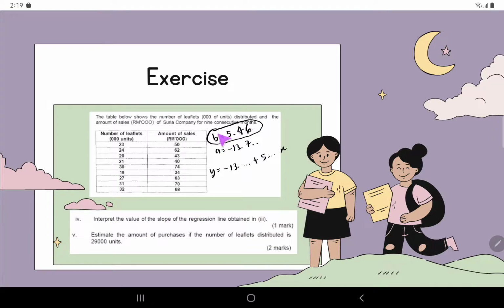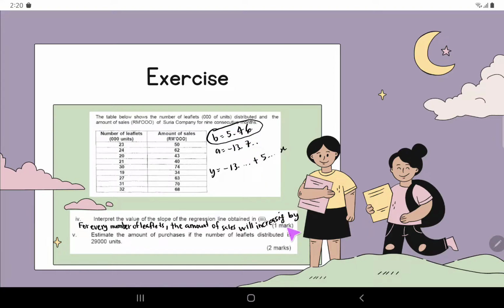Okay, so interpret the value of slope. So we want to interpret the value of B. So kita boleh kata for every X value, for every number of leaflets, the amount of sales will be increasing, sebab the value of B kita dapat positive value, will increase by B units.